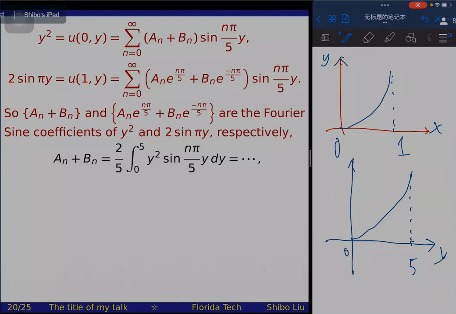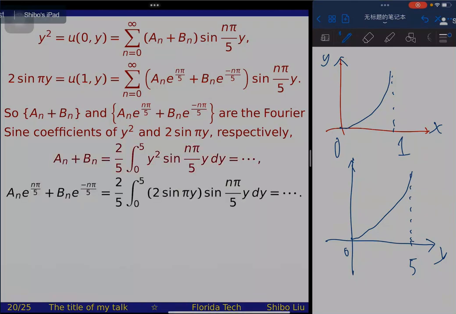Of course, I omit the computation of this integral. Similarly, this green quantity is the coefficient of the Fourier sine series of 2 sine pi y. Therefore, we have the last equality here.